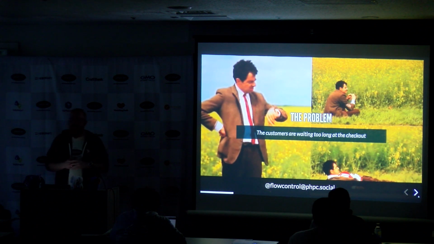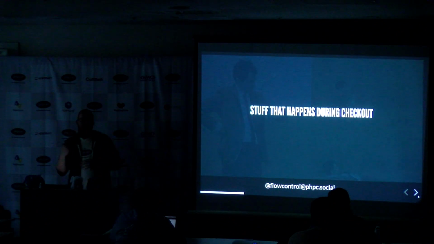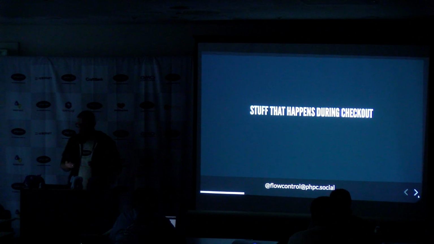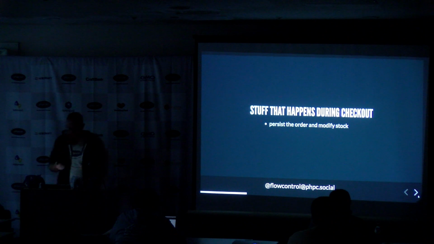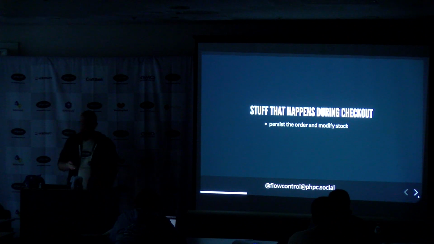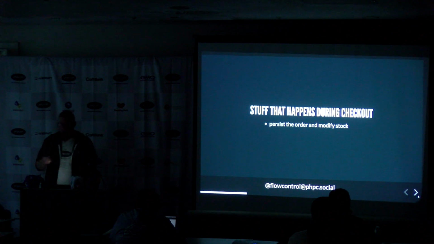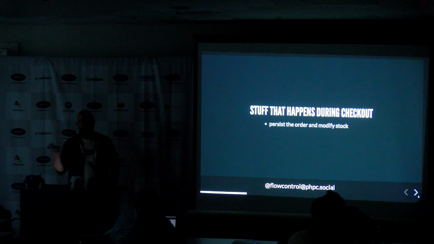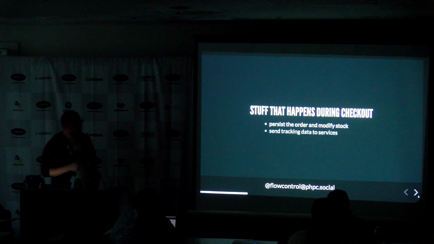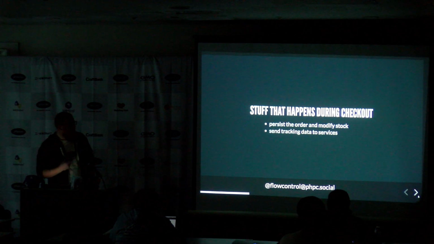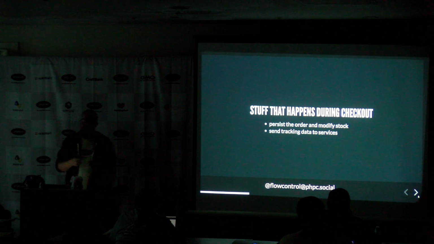So we didn't want to have our customers waiting, so we wanted to check what is actually going on in the checkout. And the first thing that's going on, the, let's say, obvious, is we need to store the order in our persistence. In that case, it was a database. And we need to modify the stock so that other people cannot buy whatever you just bought. That's so far so obvious. The next thing that we would find is that we were sending tracking data to services.